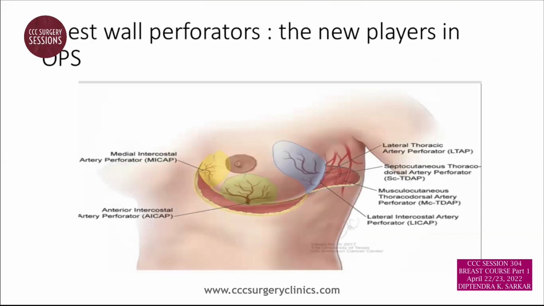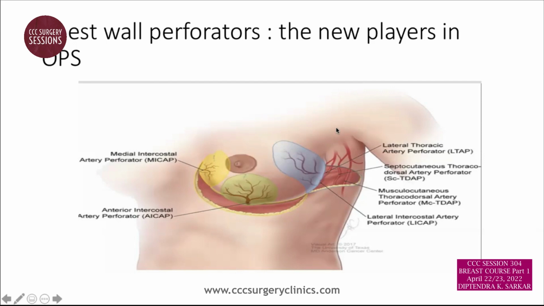Tomorrow I'm going to show you a video, and you will understand the perforators that come out from the internal mammary chain on the medial aspect of the breast. But today, what new thing has been deciphered, or rather not a new thing, an old wine placed in a new bottle with a completely new look, is the understanding of the perforators.